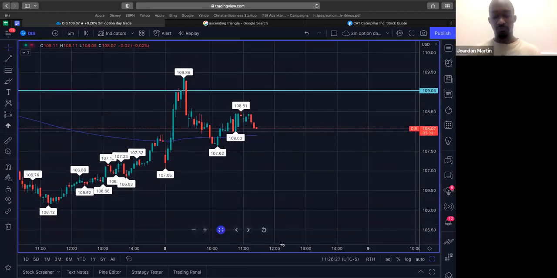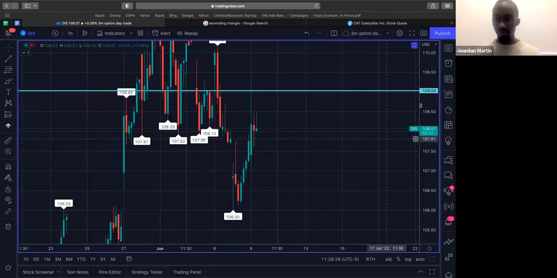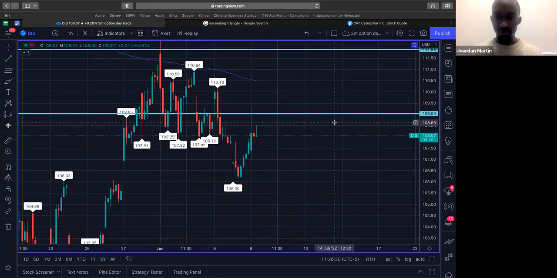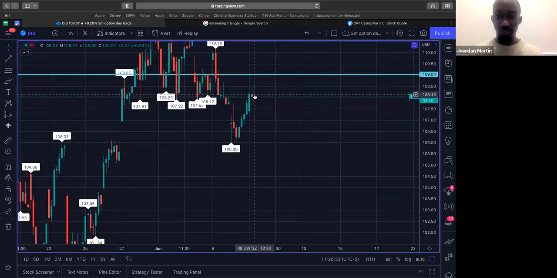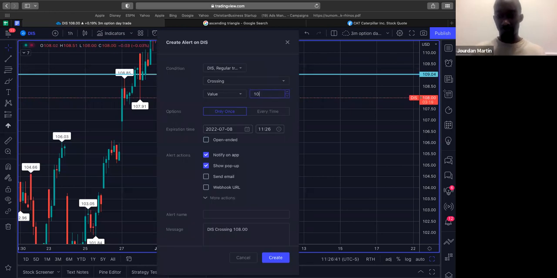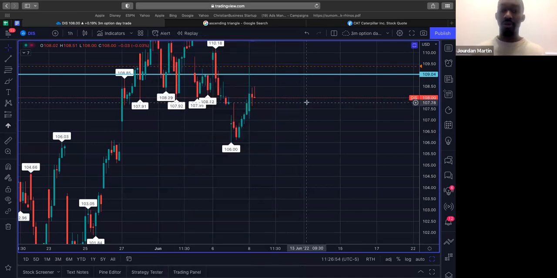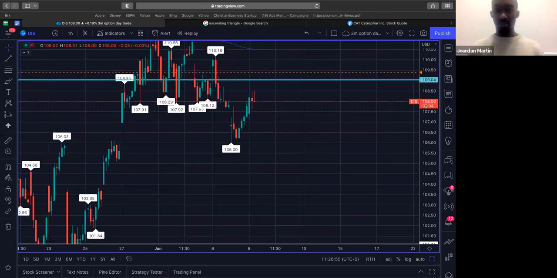Disney. On the 1 hour, we got some inside candles right now. So we got a high of 109.36. Setting an alert for breakout to the upside.